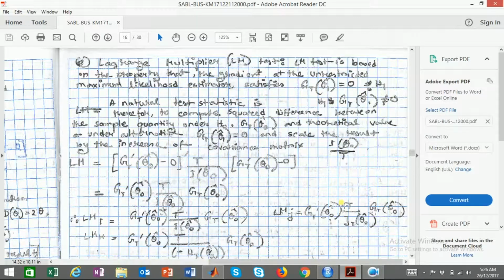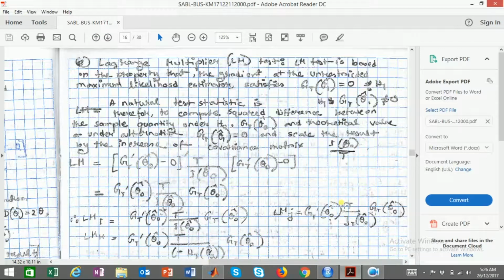and scale the result by the inverse of the covariance matrix, which is I theta naught divided by T. So basically the gradient is 0, that is our null. So gradient minus 0 transpose, minus 0 transpose, multiplied by 1 by the covariance matrix, 1 by omega naught theta naught, which is T by the information matrix theta naught.